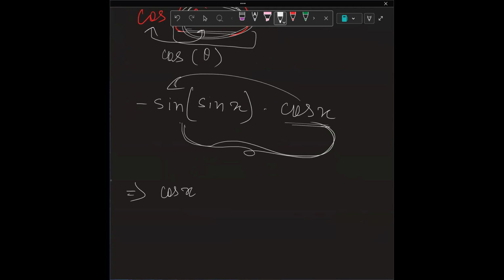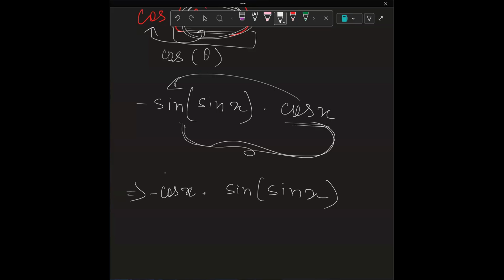cos x, माइनस, आप लिख सकते हो माइनस cos x into sine of sin x. ठीक है. यही है आंसर सबका. Yes, sir.